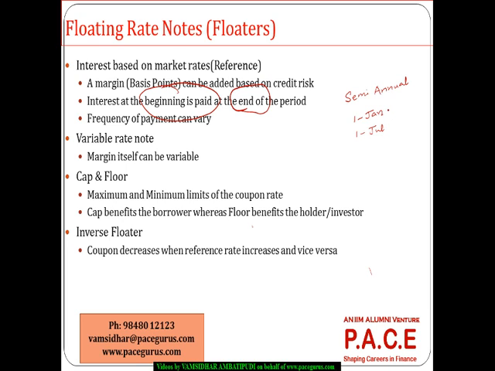Let's say the LIBOR on 1st January is 5%, and I am adding a margin of 1%. So 6% is the interest rate as on 1st January. Now in any floating rate payment, let's say $100 million is the principal.